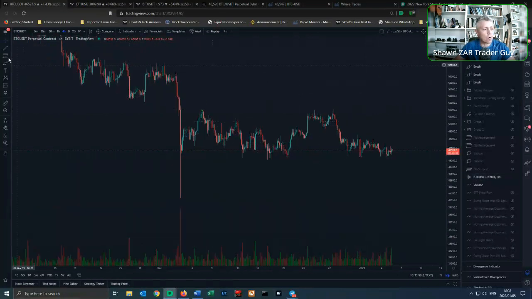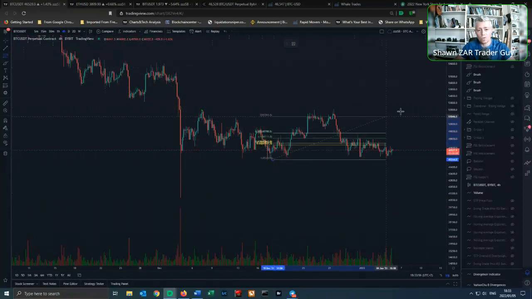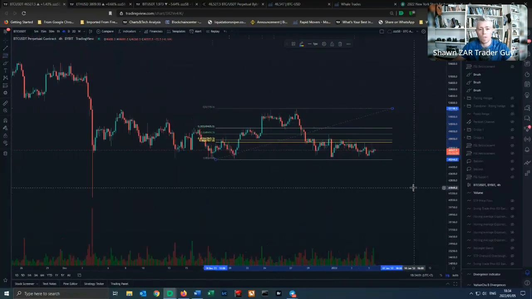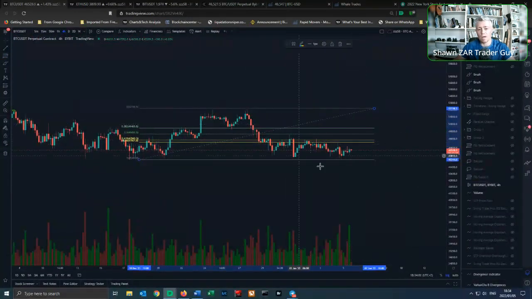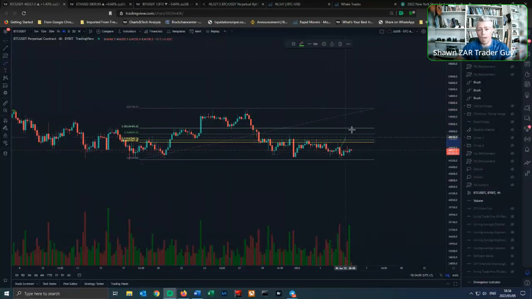So I can actually draw this from our range swing low over here to the swing high. Okay, but that takes me past our current trading levels. So that is going to be useless until price is actually going to come up and possibly find support at these levels and move up.